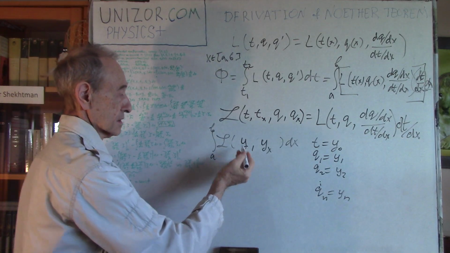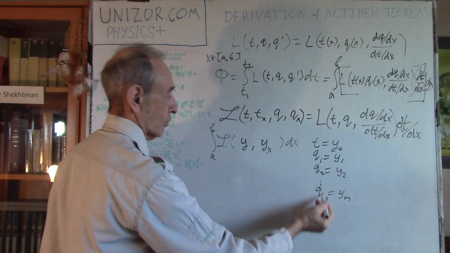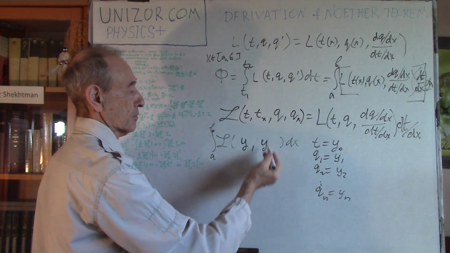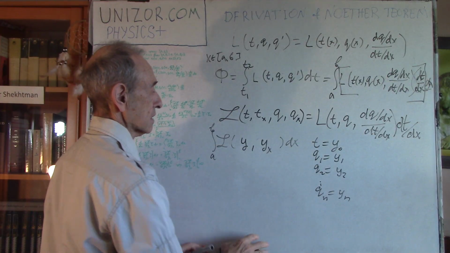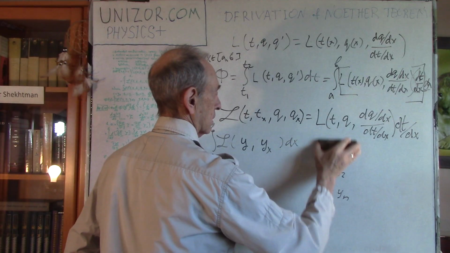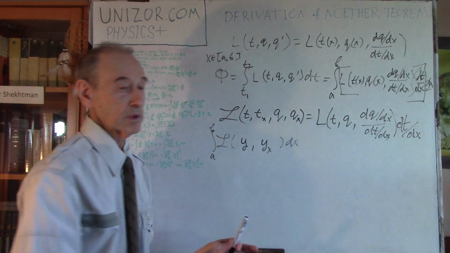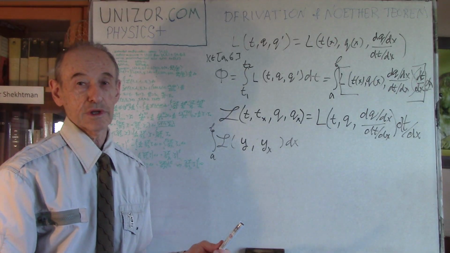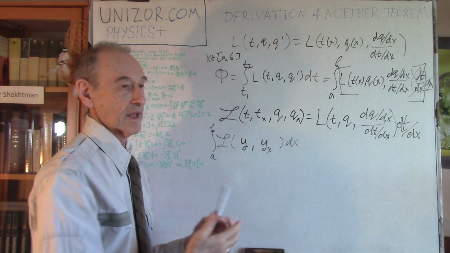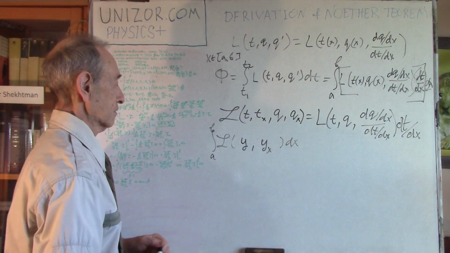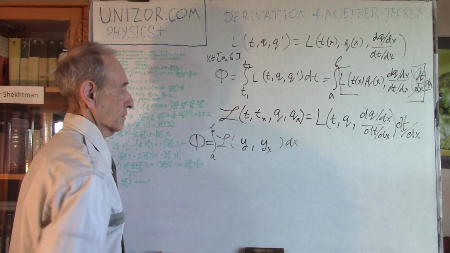Because now y is a group parameter, which means y0, y1, y2, y3, etc. So everything seems to be now back to my very simple action functional. I just changed symbolics, but now it looks like something relatively familiar. So this is also the same action functional.